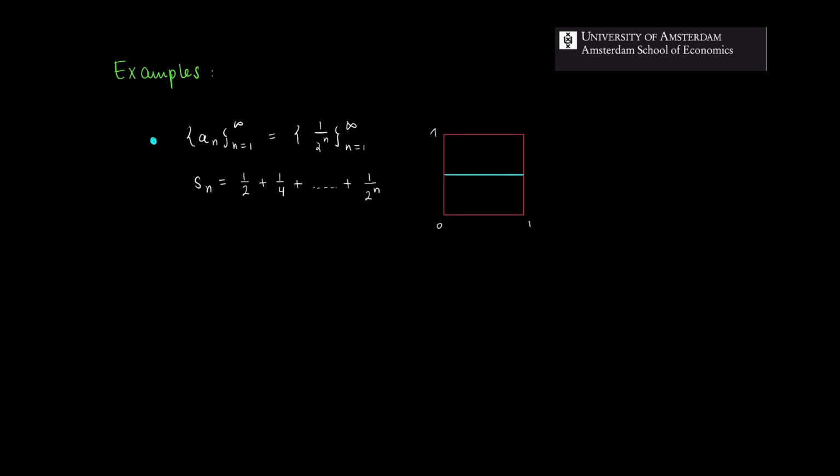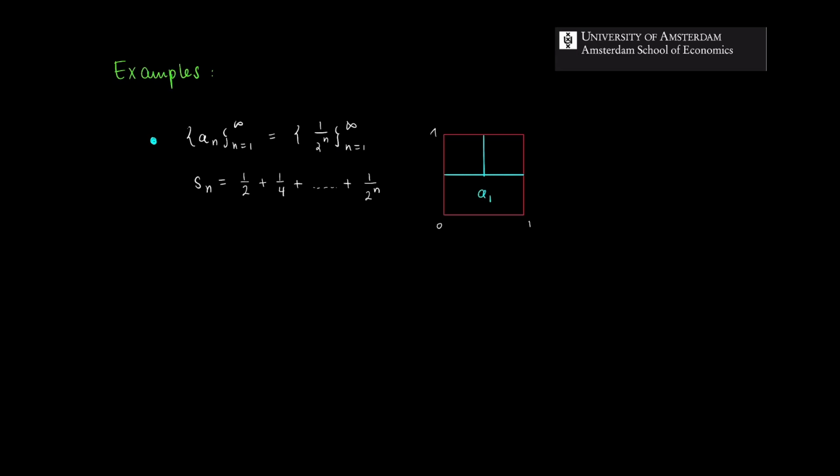So here we take the square, which has dimensions 1 by 1. Then the first element here is A1. It's half of the area of this square. And well, A2 is 1 over 4.